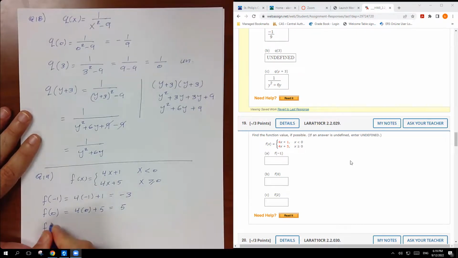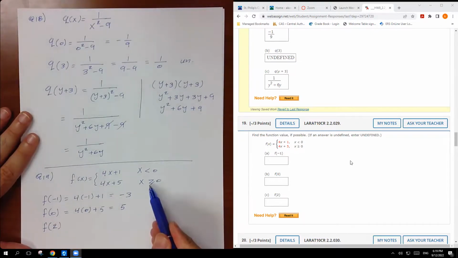The third one, they ask you to find f of 2. 2 belongs to the second one, because x is greater than or equal to 0. That means 0, 1, 2, 3, 4. So we're going to plug into the second piece.